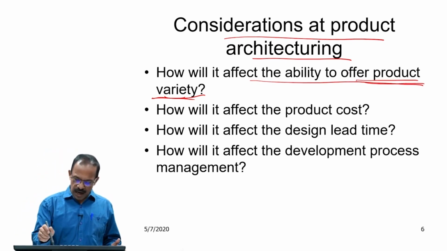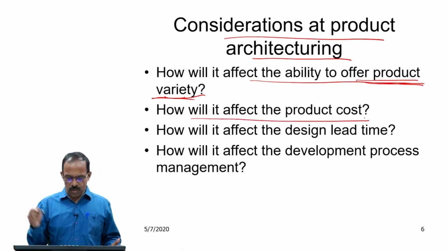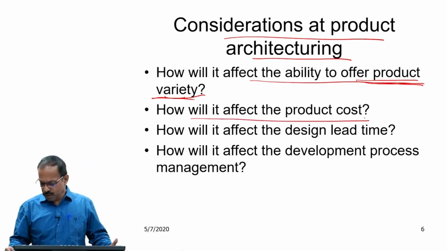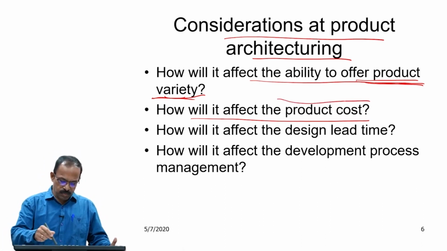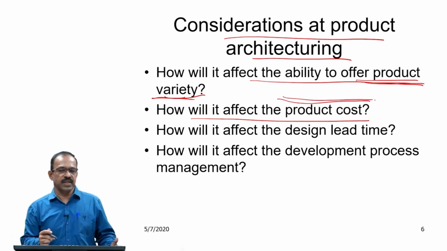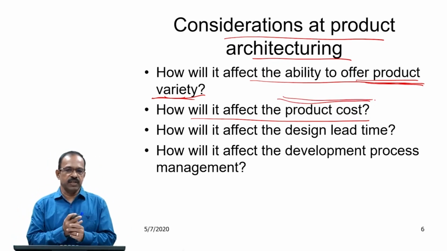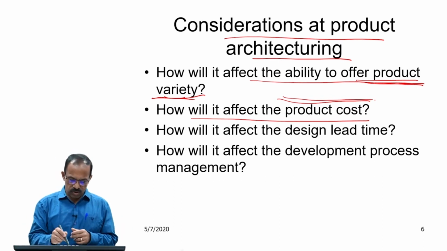So, the architecture should allow this variety, and how will it affect the product cost? If you make products completely independent, then the cost may go up. If you think everything can be completely separate, with nothing common in the product family, then the cost of the product will go up.